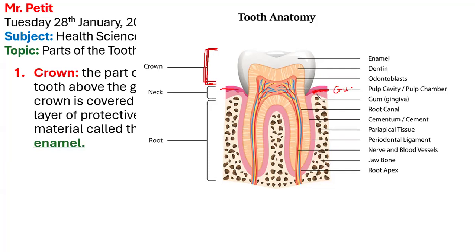And above the gum is the enamel, right? The enamel is going to be that part, or the crown is going to be the part where the food interacts, right? This is where the chewing happens. This is where things are crunched together. You know what I mean?